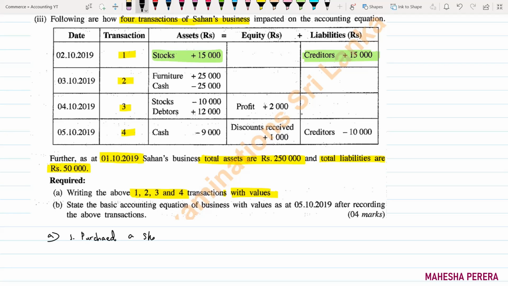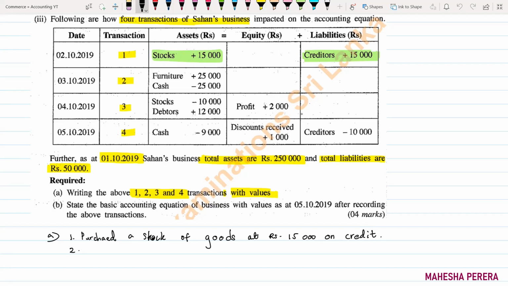A stock of goods on credit, or at this much on credit, whatever the value. So at 15,000 rupees on credit. You have to use the two words on credit. If you do not write on credit, it is implied as a cash transaction. So make sure to use on credit or on credit basis.